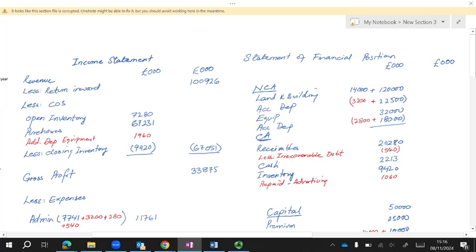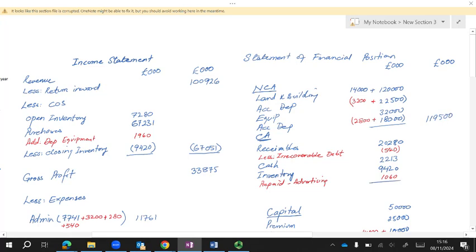So land was revalued by 14,000. So now we have to add 14,000 plus 120 minus 3,200 minus 22,500 plus 32,000 minus 2,800 minus 18,000 will give us 119,500.